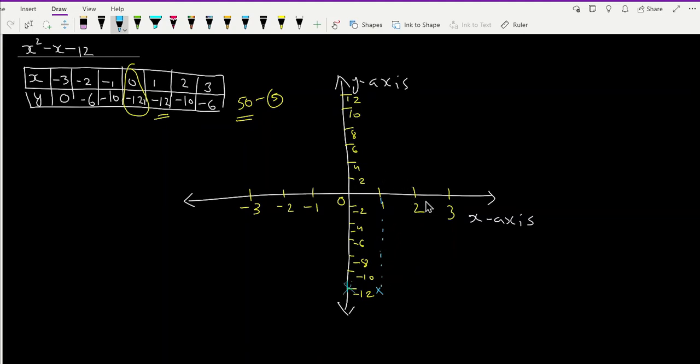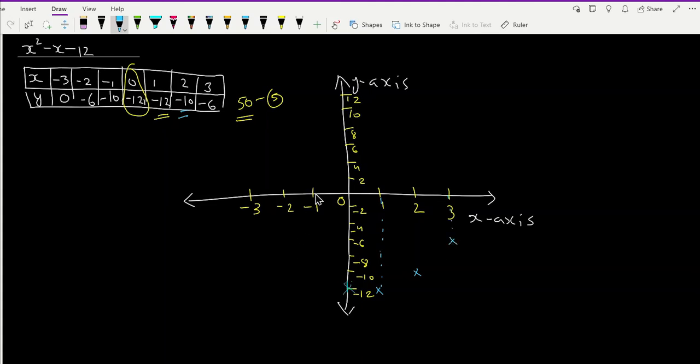Similarly for 2, we are getting the value of minus 10. So minus 10 is nothing but here. So this is our point here. Similarly for 3, I am getting minus 6. So if I come here, I have to stop here at minus 6. So this is my point.